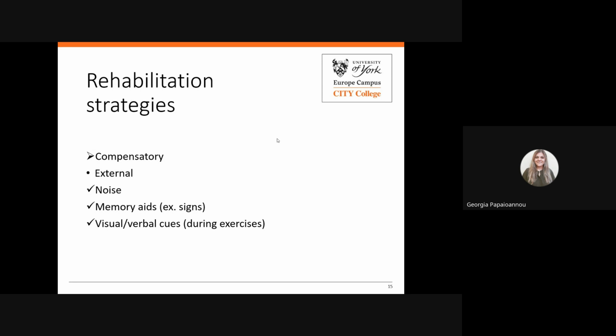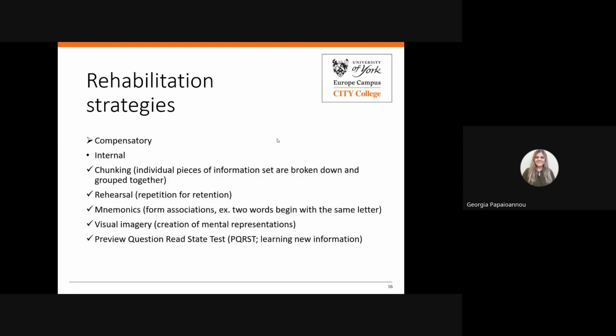For the internal compensatory strategies, we have some strategies such as chunking, so breaking down the information and grouping it together into small segments to help us remember it more easily. Rehearsal, so repeating to retain the information. Form mnemonics with associations, for example, two words that might begin with the same letter.